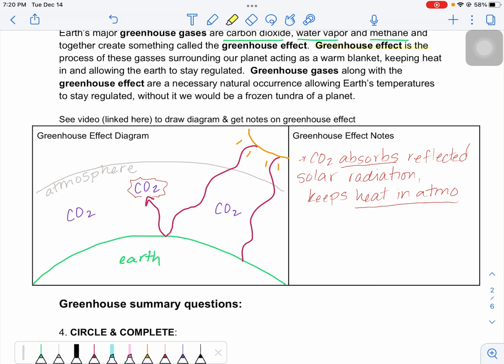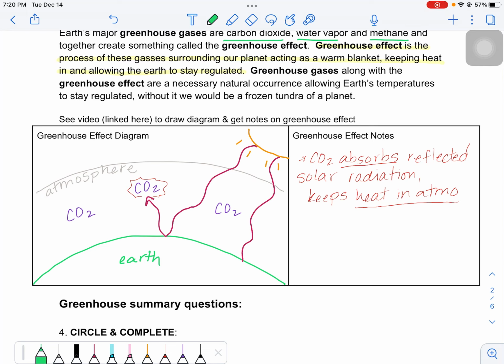The greenhouse effect is the process of these gases acting like a blanket and keeping the Earth's temperature regulated. If we don't have these little CO2s, that solar energy goes back out of the atmosphere, into space, and it's gone. So we need some CO2 in the air to act like that blanket, keeping heat in.